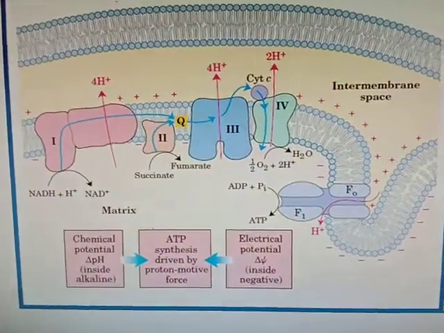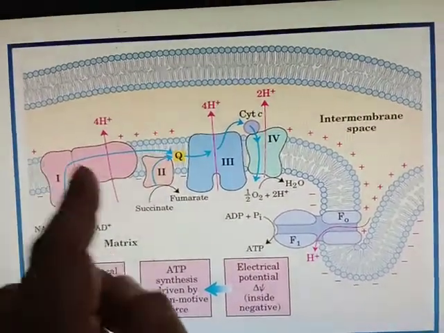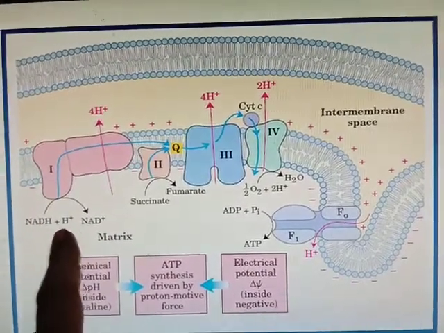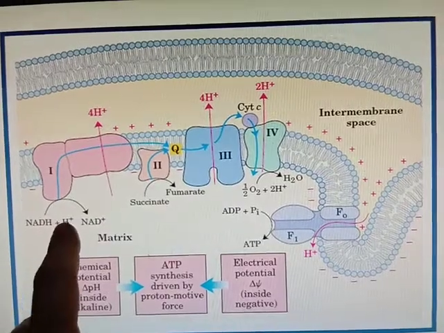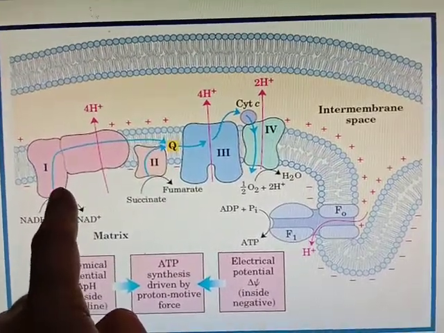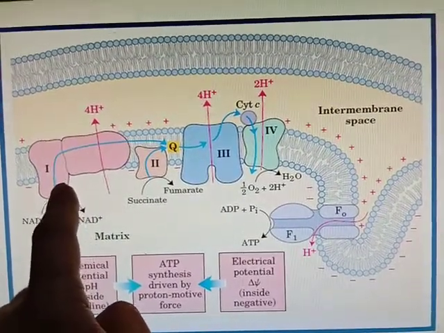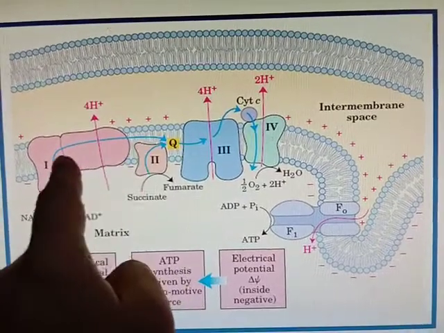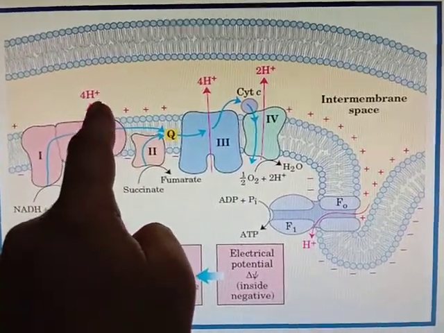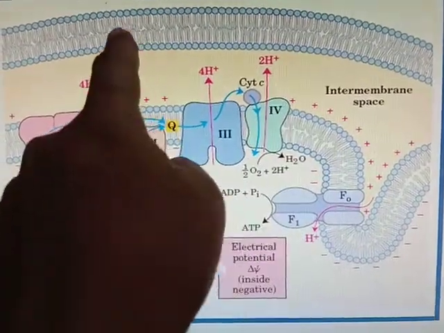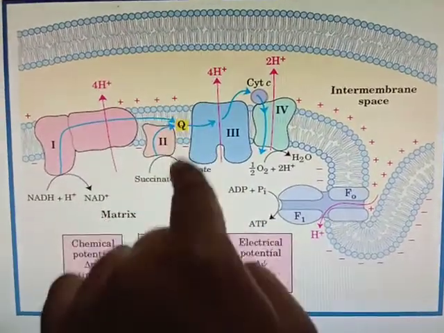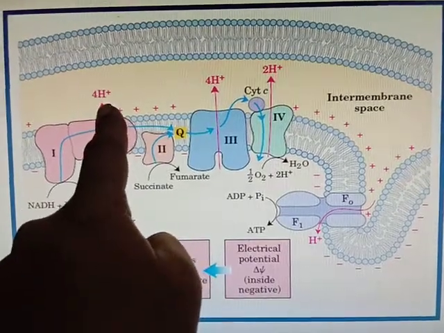Here is the overview of the electron transport chain. So here NADH in the matrix transfers its hydrogen to FMN to form FMNH2, and then on to ubiquinone. During that process, 4 protons are pumped into the intermembrane space. This is the intermembrane space, this is the outer membrane, and this is the inner membrane. This is the matrix. 4 protons move.